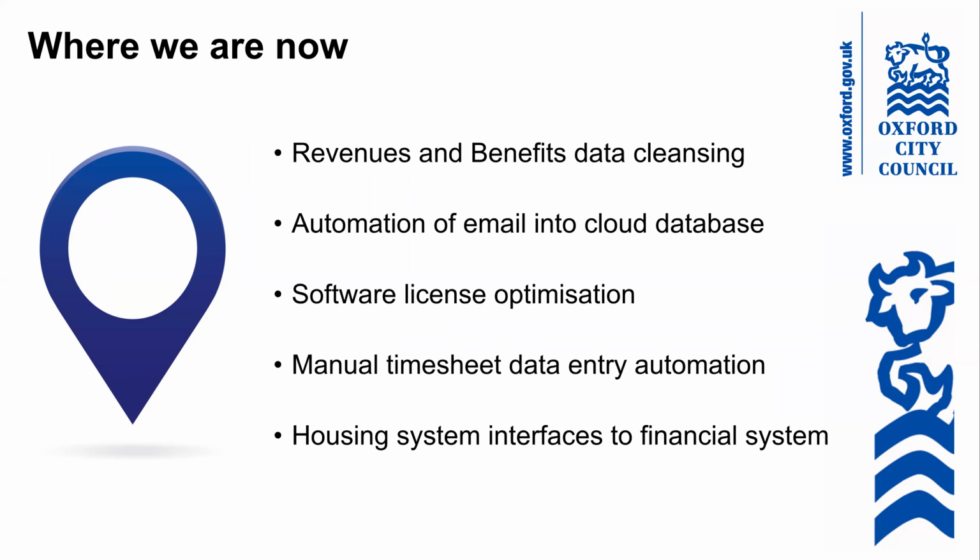With RPA, you can take those emails, because they come through as structured emails from the online forms, and you can drop them into any and all of the line of business systems, which is something we've been doing. And that's really, really good, because that's taken out probably 2 FTEs worth of effort on a weekly basis of having to key in emails into various business systems.